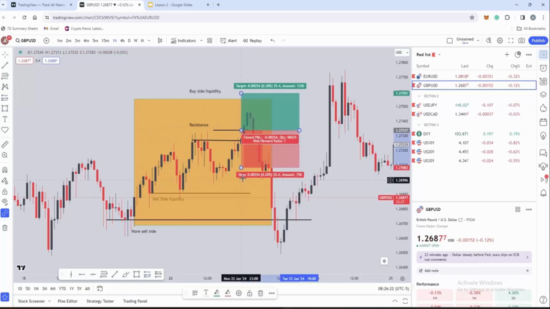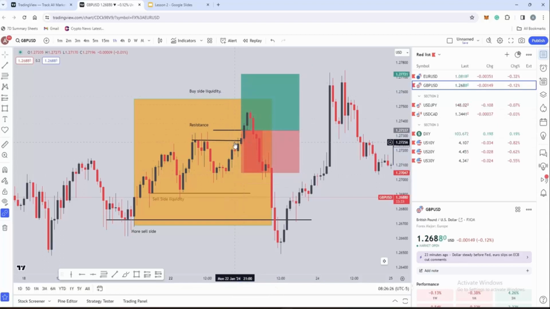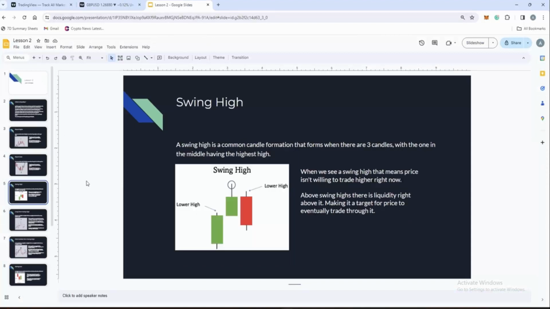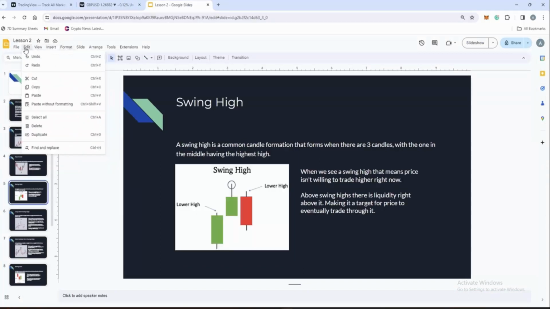I will go long here, keep my stop down here, and all the way up. It's going to go up for a bit and then come all the way down, taking their stop, under the sell side liquidity. And that's a practical way of understanding what liquidity is. But there's more. There's always more.